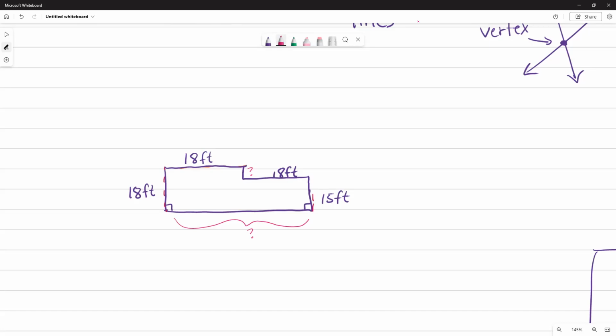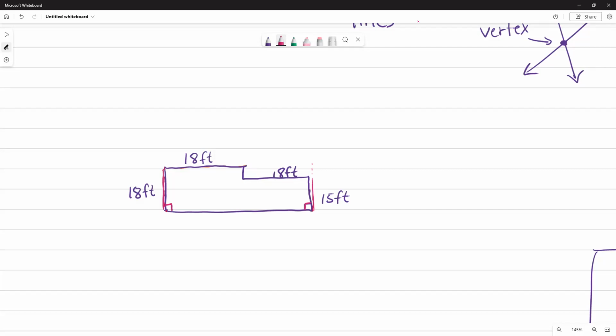Now, from the information we're given, we're given enough information that we can find the length of the sides that we're not given. It's important to note that these are perpendicular angles, so that means those sides go straight up and down. If this side right here is 18 feet, and this little bit right here is 15 feet, we know that this difference is the difference between 18 and 15.